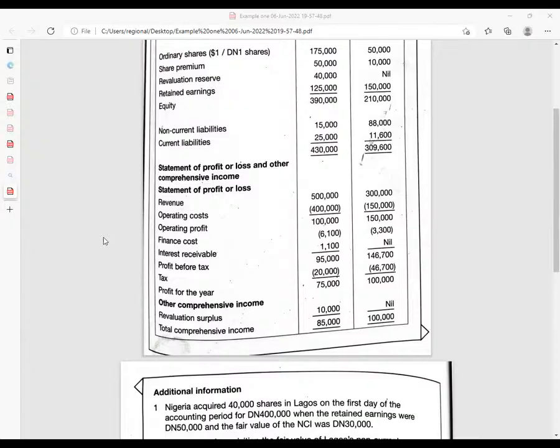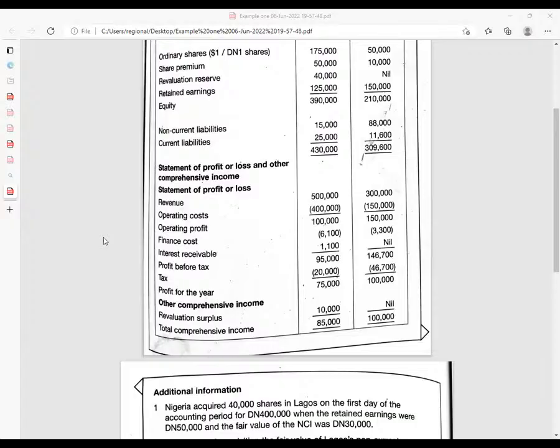And then we have OCI, other comprehensive income. So under other comprehensive income, ladies and gentlemen, what else have they given us there? Under other comprehensive income, I have revaluation surplus, and I'll be bringing here the group exchange gain.